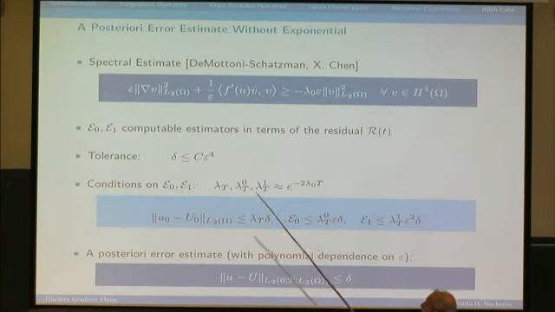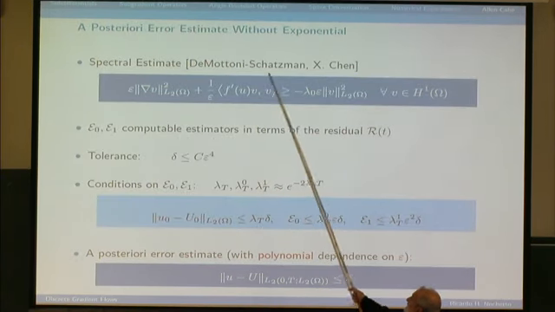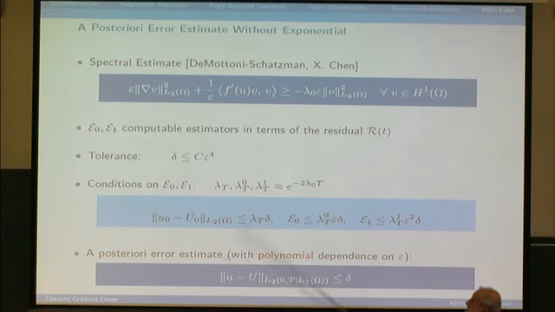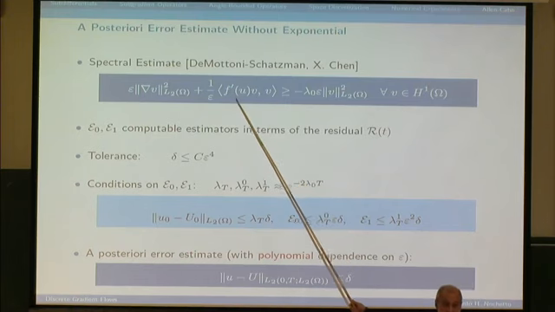Use this spectral estimate, as I said, due to De Montoni, Schatzman, and Chen, that had to do with the behavior of the solution for well-prepared initial data. You already start with the front.